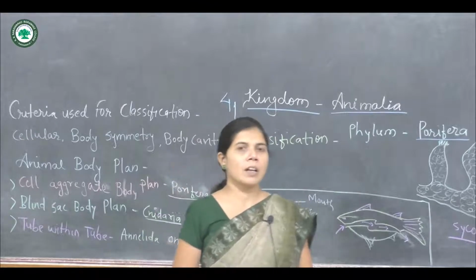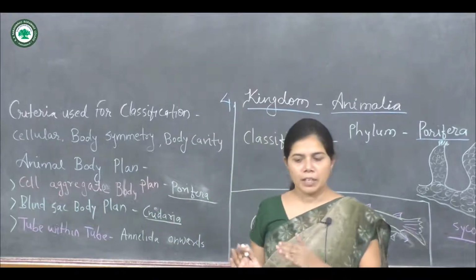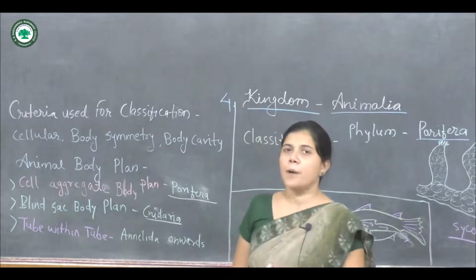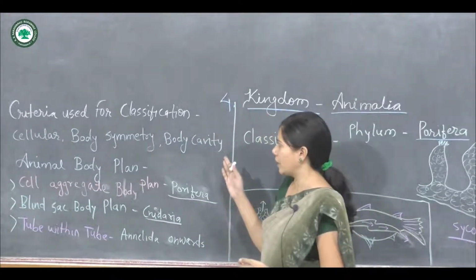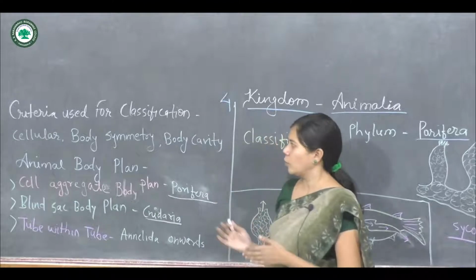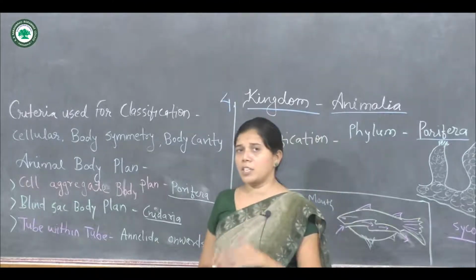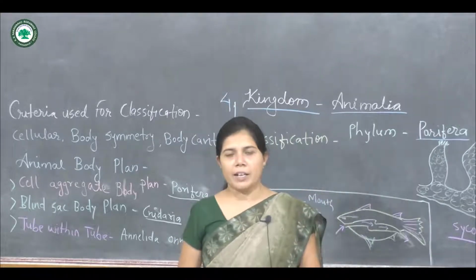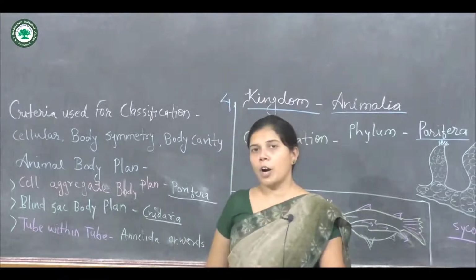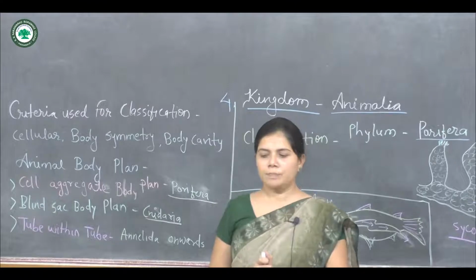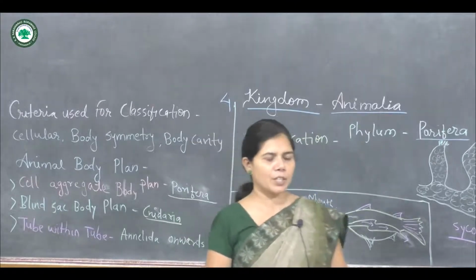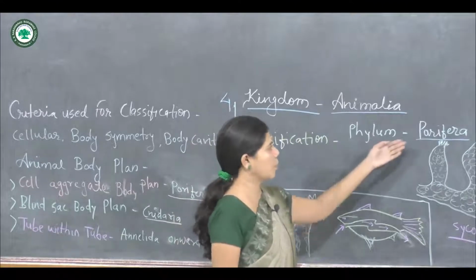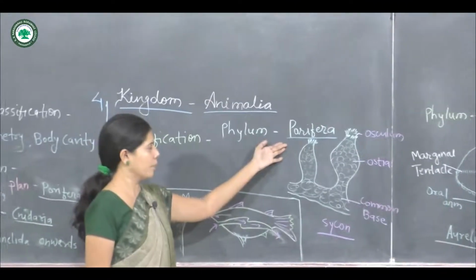Okay, students, let me move on to our classification. The animal classification is based on the criteria of cellular organization, body symmetry, body cavity, and the body plan also. First in the animal classification, we discuss phylum Porifera.